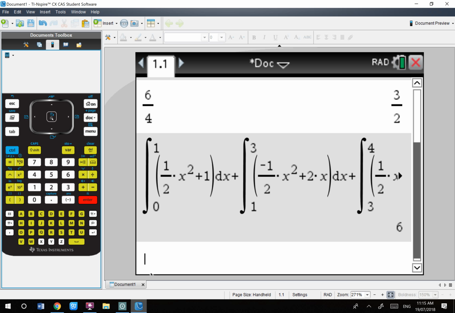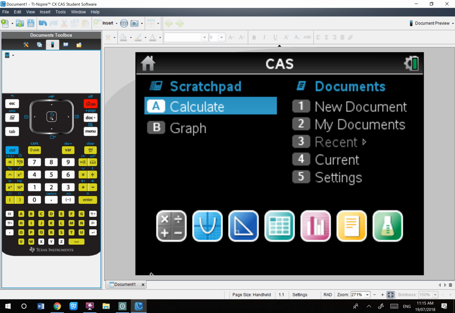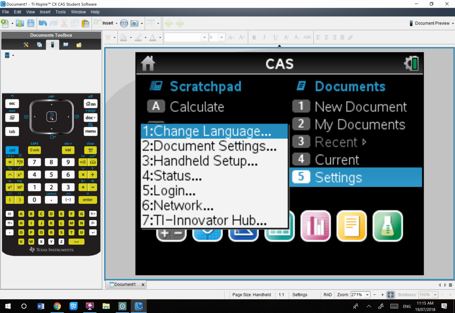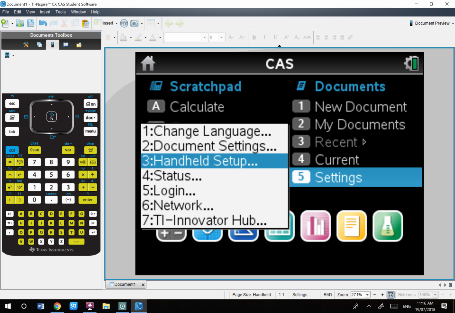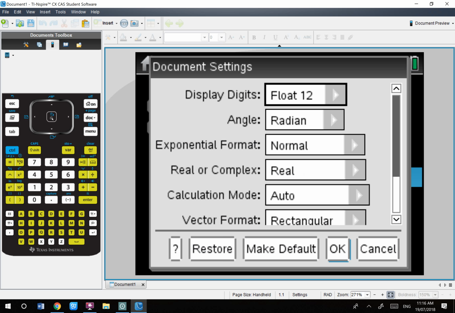It's about your calculator. If you go to your home page for the calculator, in the settings, and go to document settings, this is the page that controls the calculator when you do calculations. For number 2, you can see the second line, I put this into the radian form.